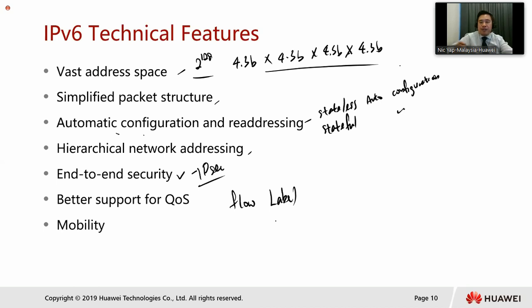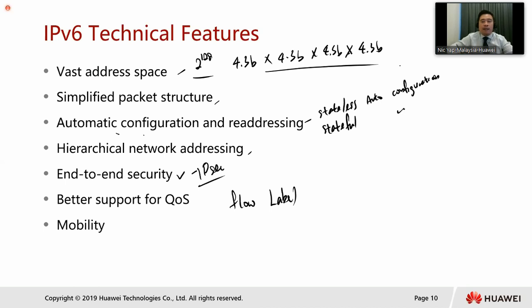So later, on the next page, you will see where the flow labels are. The flow labels enable the routers to identify the packets of the same data flow or provide specific processing. So they're going to tell you whether this data is under the same flow or not. Let's say it's the same flow, do I have the same QoS value? You'll get more detailed and more enhanced QoS values for IPv6.